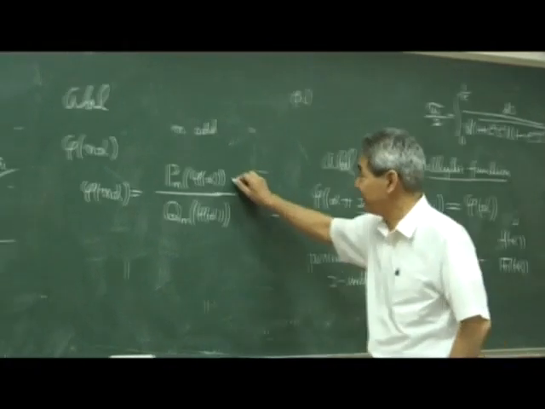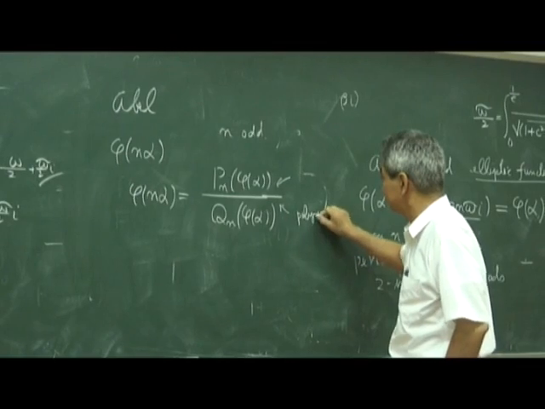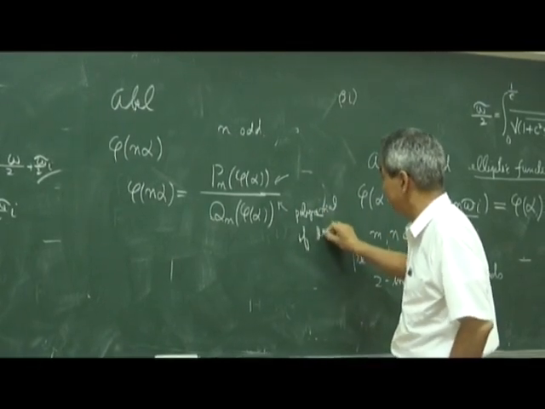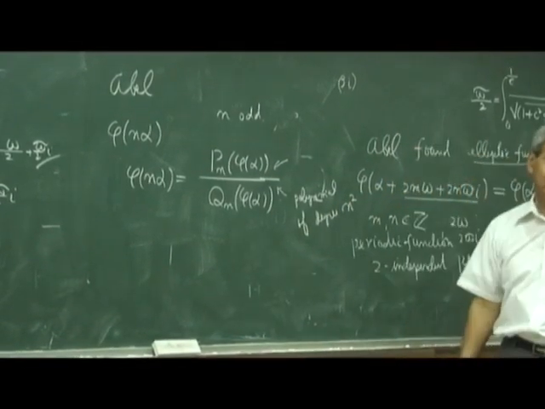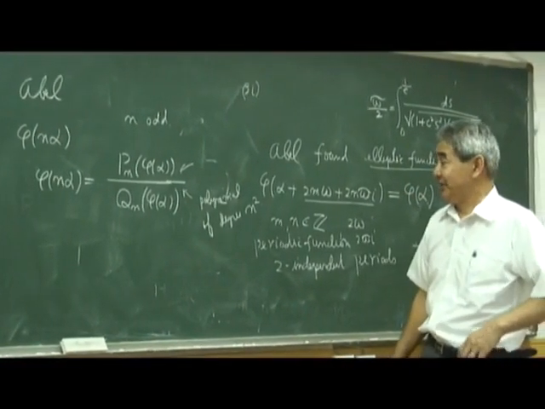And both are polynomials of degree n squared. And what does this mean?